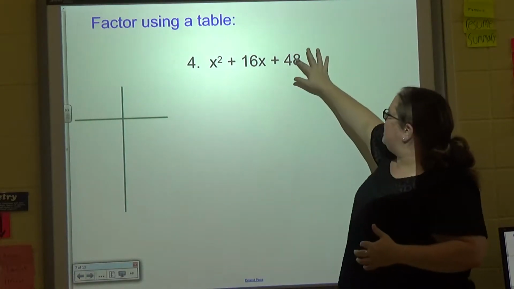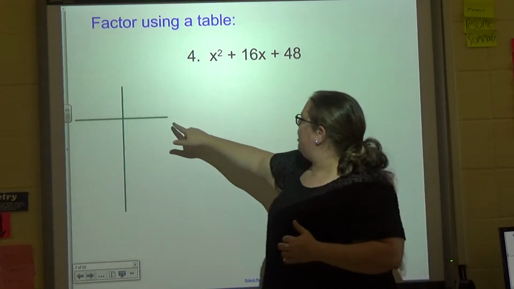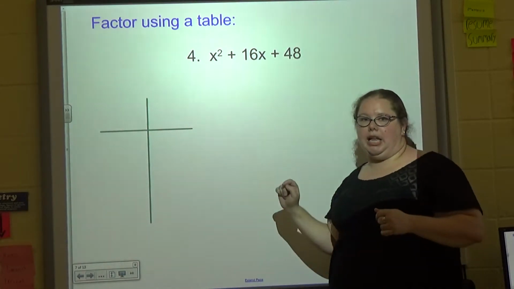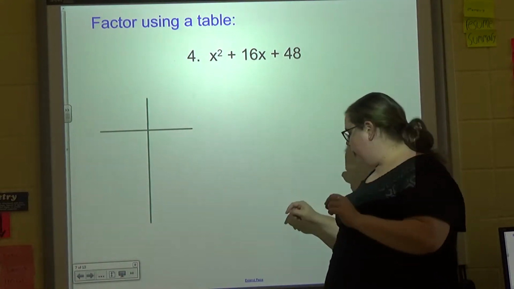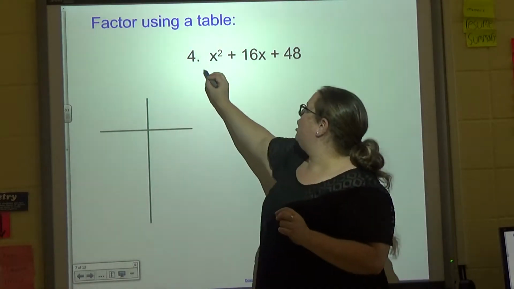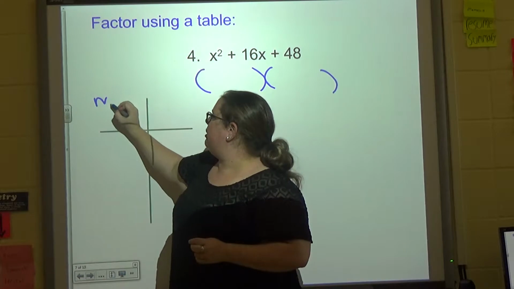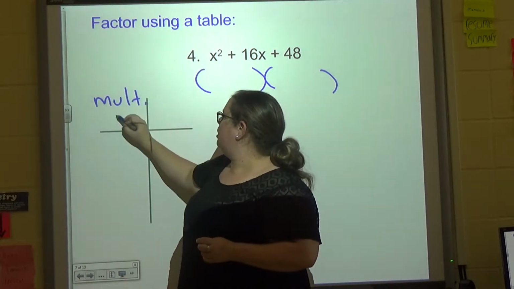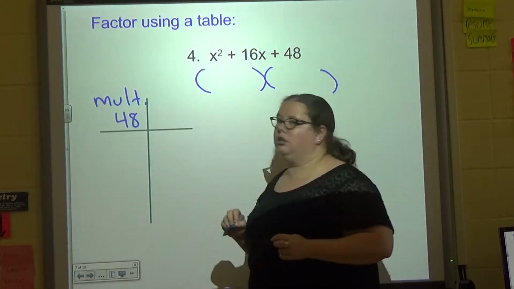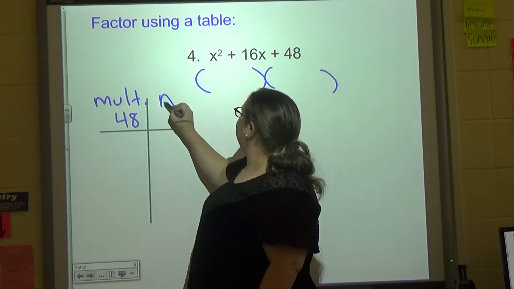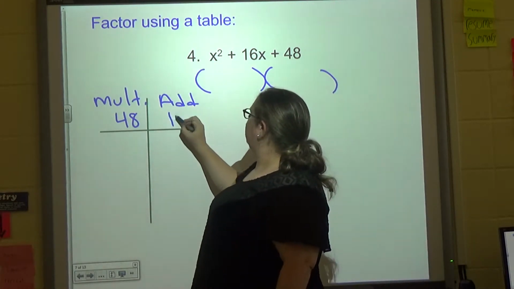Alright, same idea. Let's take a minute. So remember, what does that 48 tell us? That the two numbers in parentheses are going to multiply to 48. So we're looking for numbers that multiply to 48, or whose product is 48, and add to 16.